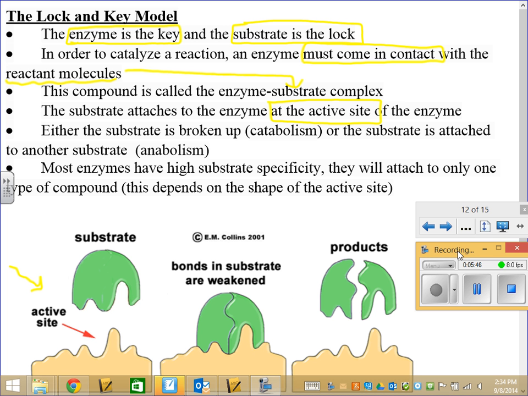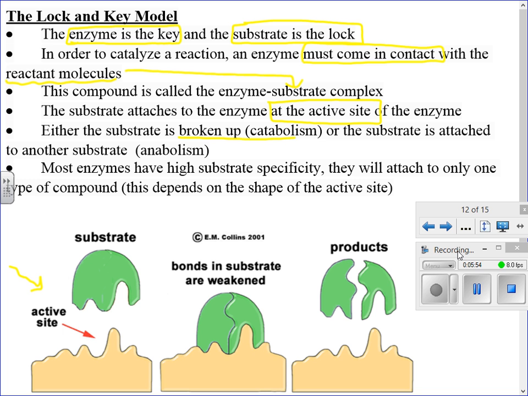So the substrate attaches to the enzyme at the active site of the enzyme. Either the substrate will be broken up, and since we're coming at this from the context of digestion, that's usually what we're talking about.